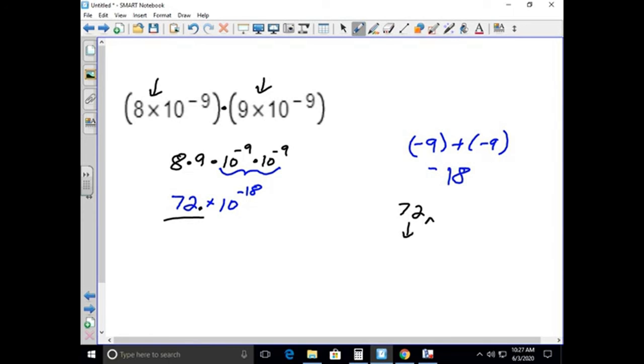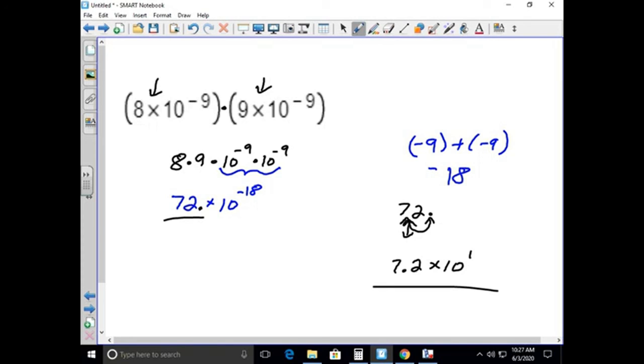So if you think about your decimal starting here, it needs to end up here to be in scientific notation. So we need 7.2 times 10 to some power. If we start here and we move to there, we've only moved one place. And the number 72, that's not one of those tiny decimals. So we don't need a negative exponent, we need a positive one.